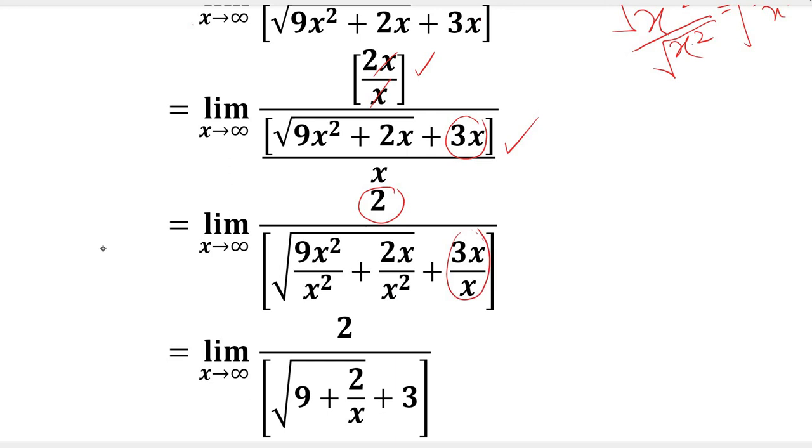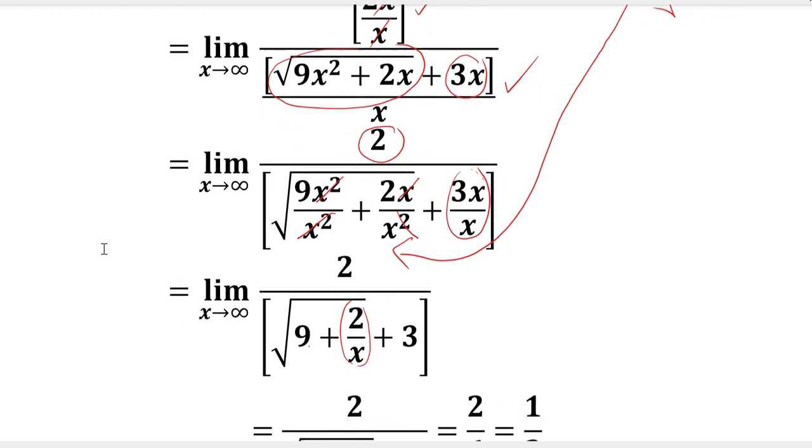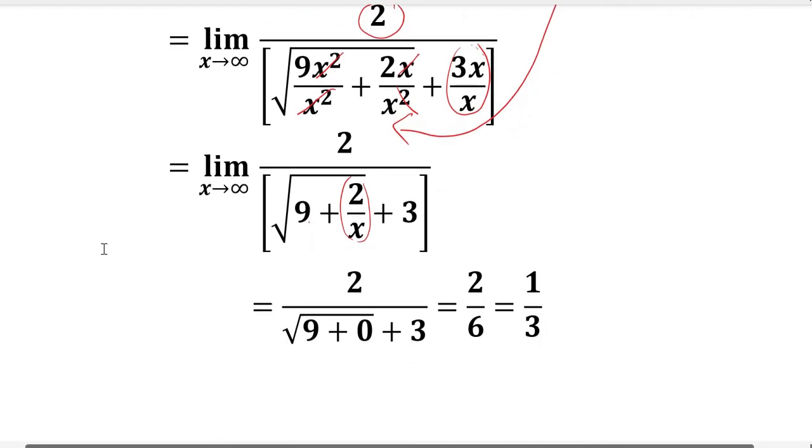But the one in the square root, if we divide it by x, then by this rule they all become x squared and x squared. So the x squares cancel out, the x cancels out with the square, and you are left with only x. So here we're left with the square root of 9 plus 2 divided by x, and plus 3. Now if we apply the limit, the denominator is not 0, so we can apply the limit straight away.